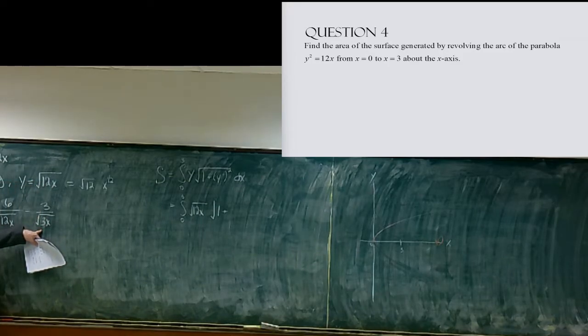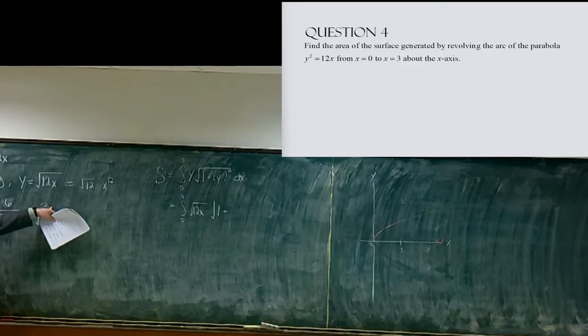Is that 3x or 3x squared? 3 over x, right? Yeah. This would be 9. This would just be 3x.